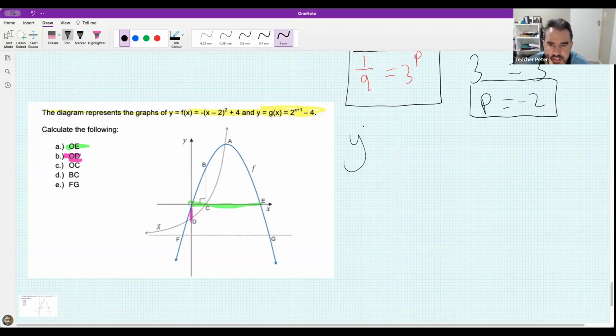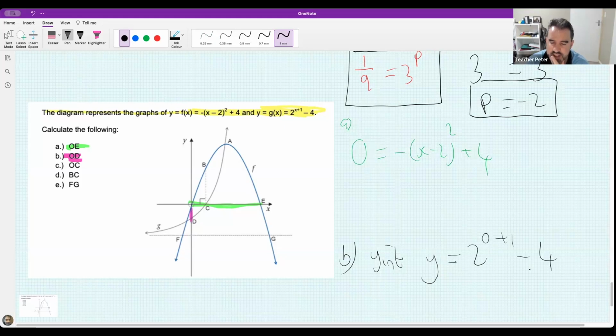So I actually need to find what the x-intercept is. And in order to do that, I need to solve that for A. So I'll wait until you've had a chance to do that. And then for B, I need to find the y-intercept of the exponential, which is going to be solving that really.